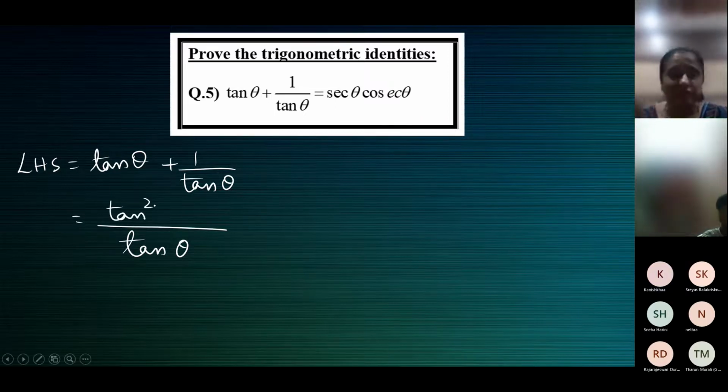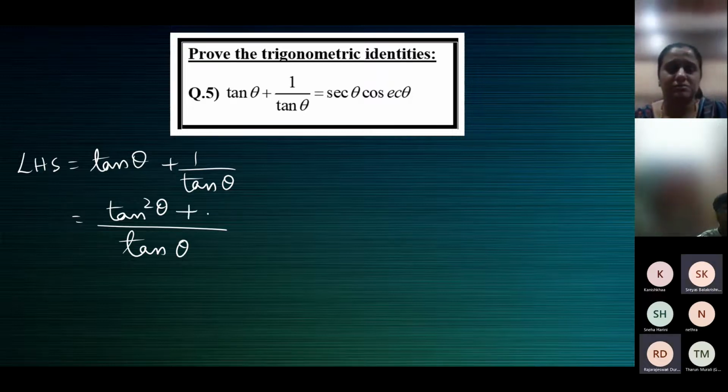Somewhere towards the end, we may have to change things to sin and cos, but I'm saying you can also start off like this. What is it? Tan square theta plus 1.